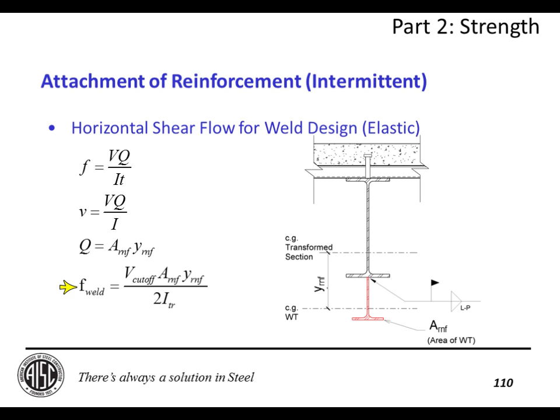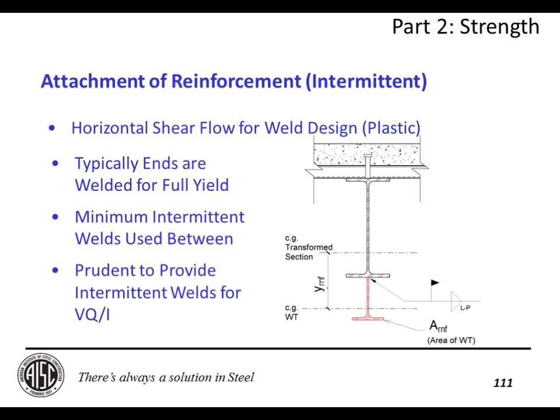And this is an elastic shear flow model. Again, normally in a composite beam, we're dealing with plastic design, but designing this weld for an elastic shear flow is certainly a reasonable and conservative thing to do.